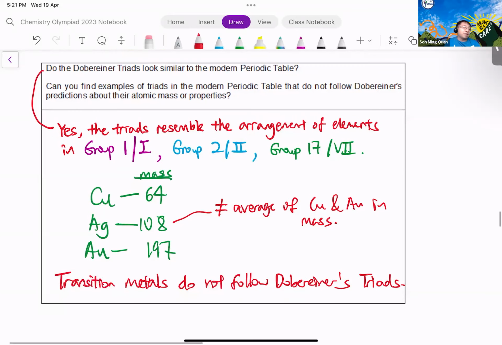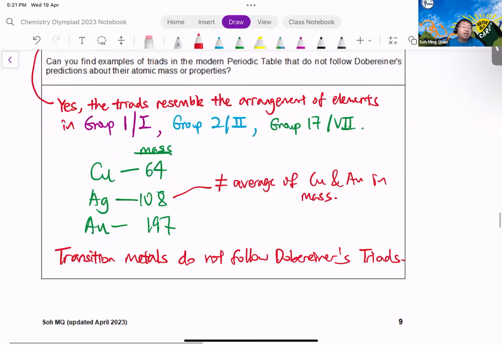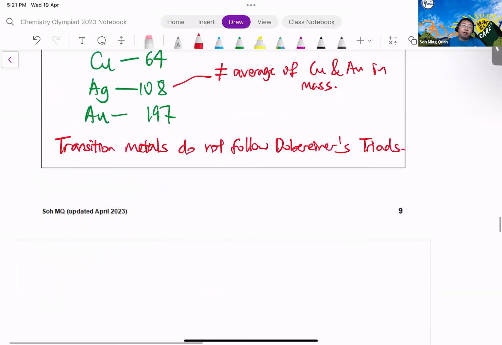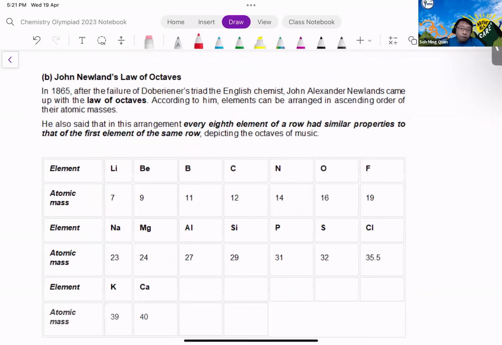Now, another chemist, the English chemist John Newlands, came up with a slightly different law. He came up with the law of octaves. So according to John Newlands, elements can be arranged in order of atomic mass. Today, the modern periodic table, do we still arrange elements by mass?